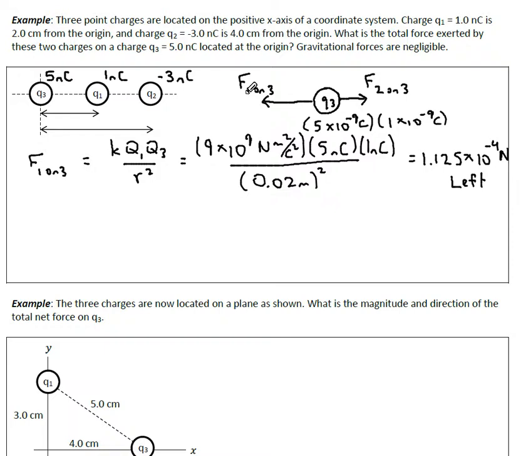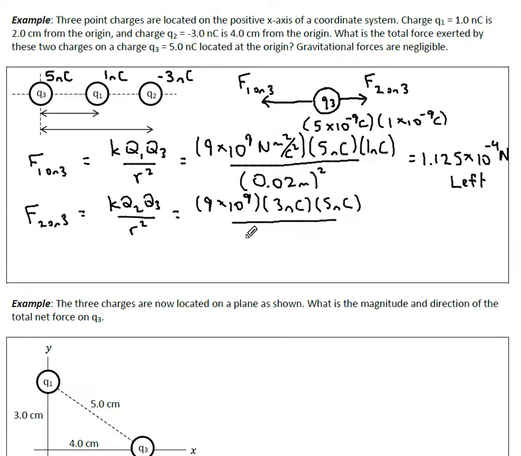Now if you need to, just pause the video and you can try to calculate it yourself. I'm going to go ahead and solve for F2 on 3 now. Same formula, k Q2 Q3 over r squared. So we get 9 times 10 to the 9 multiplied by Q2, which is 3 nanocoulombs, and Q3, which is 5 nanocoulombs, divided by 0.04 meters squared, since these are 4 centimeters apart.